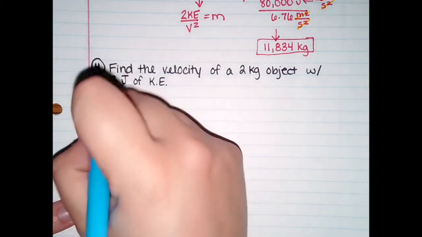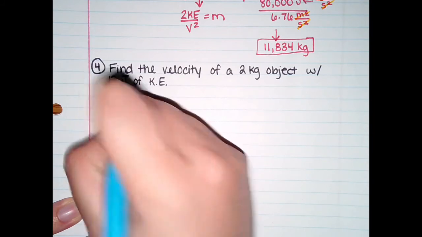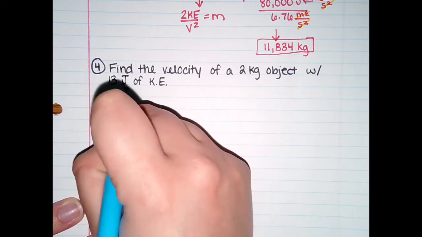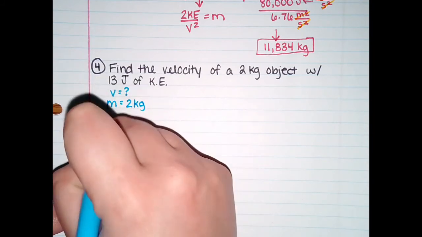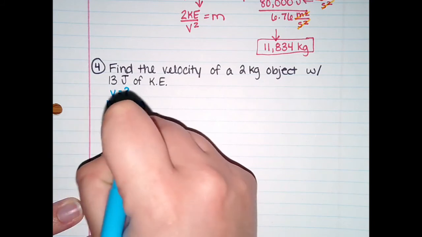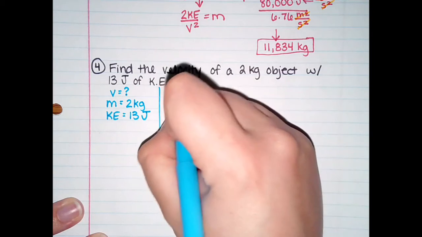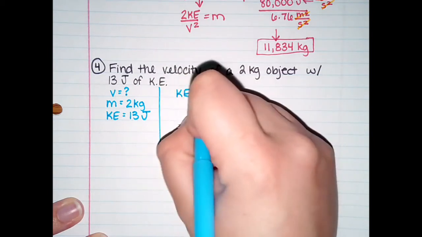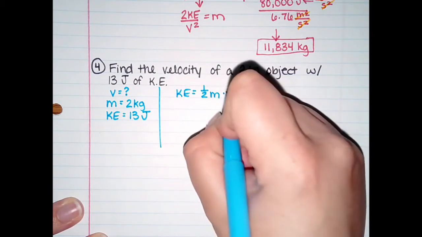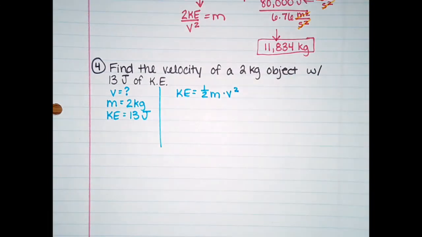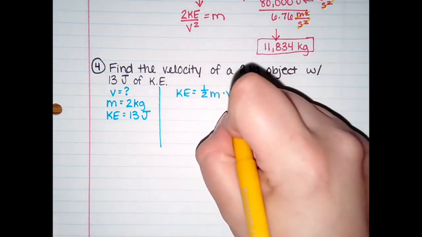We're finding velocity, question mark, mass, 2 kilograms, kinetic energy, 13 joules. Original formula, kinetic energy is half of the mass times v squared. My goal here is just to solve for v by itself.